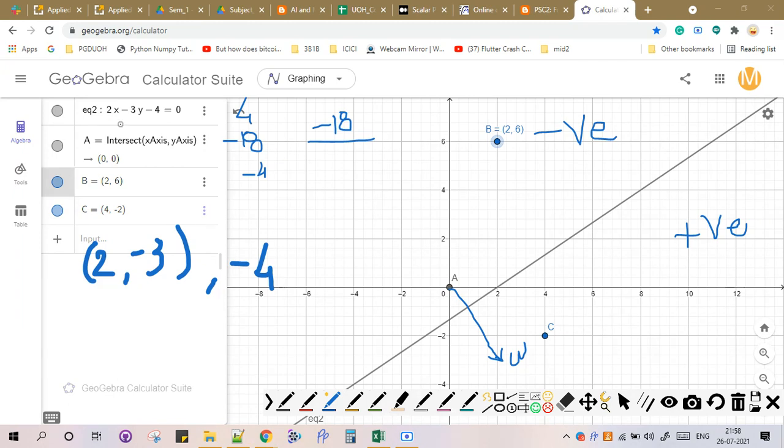Norm of w is the square root of 2 squared plus 3 squared, 4 plus 9, it would be 13. So it would be root 13. So 18 divided by root 13 is the distance from the line, correct? The perpendicular distance. Let's see if we get the right answer.